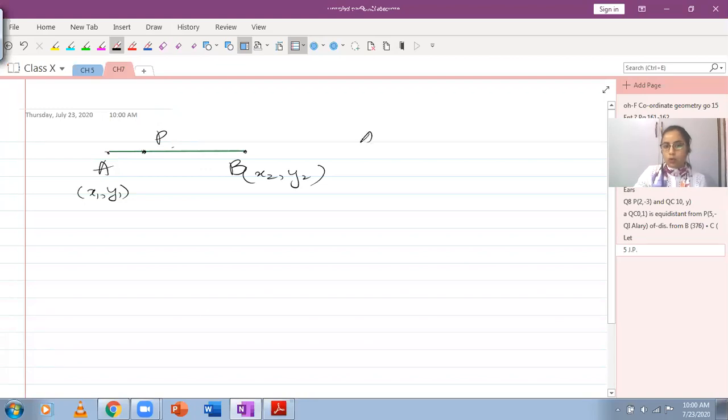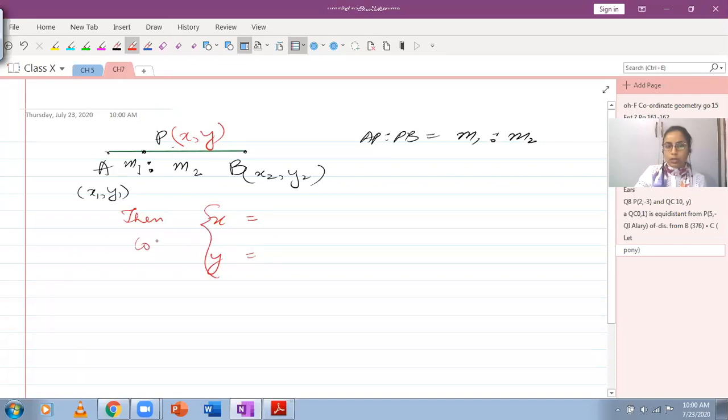The ratio of those two parts is M1 is to M2. We could also mark it here, M1 for the first part, M2 for the second part. And if the coordinates of P are represented by x and y, then the relation is to find out. Now, these are coordinates of P. How can we find out the coordinates of P? This relation is given by this one.